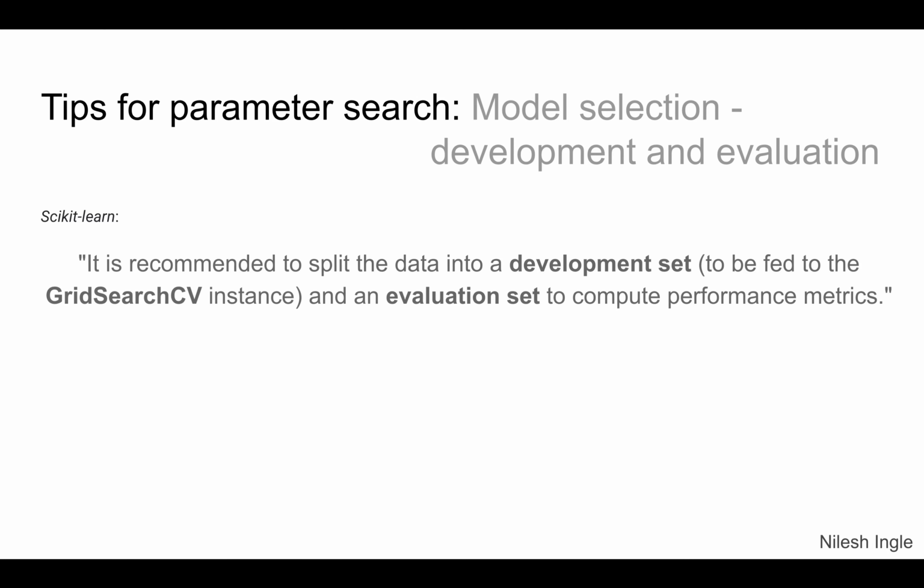And that's the idea here. So you definitely want to do the development work, that is finding the optimal values for the parameters, on a set that is completely separate from the evaluation set, which would be the test set that is never seen by the training process or grid search CV or cross validation processes.